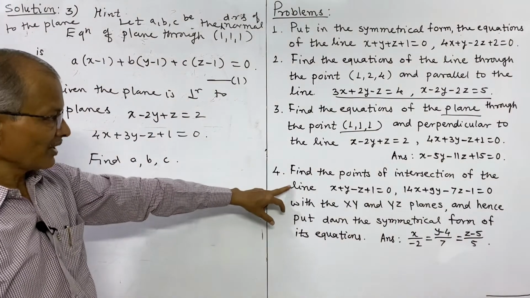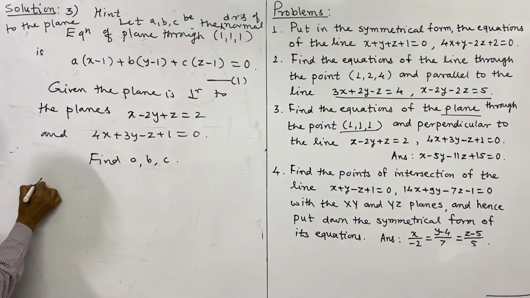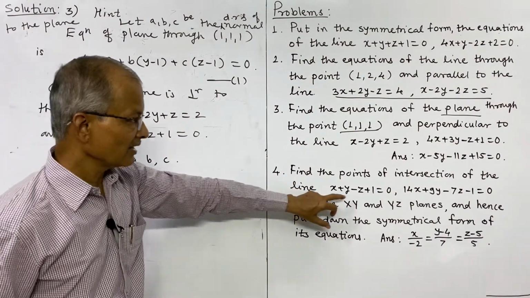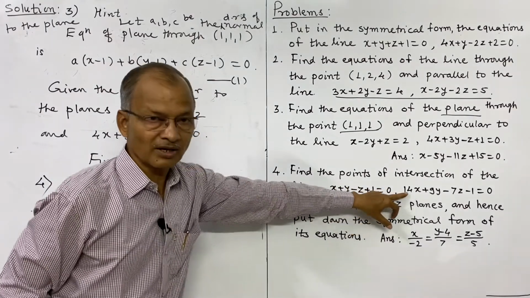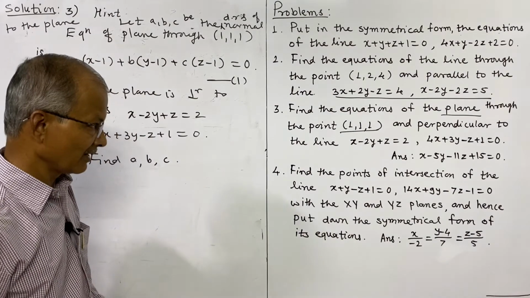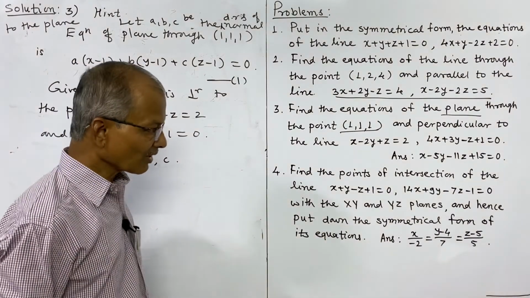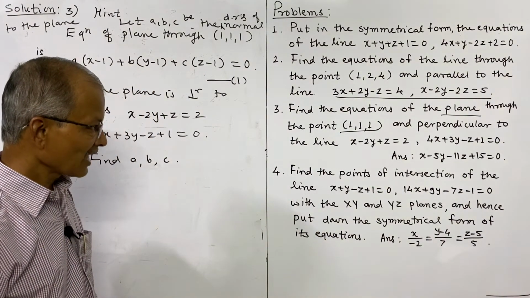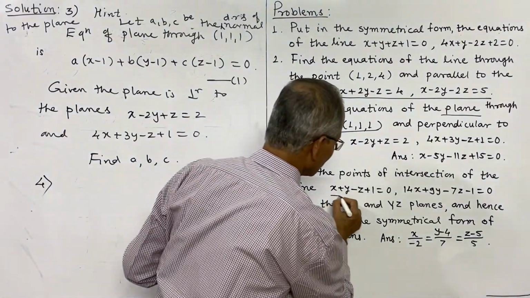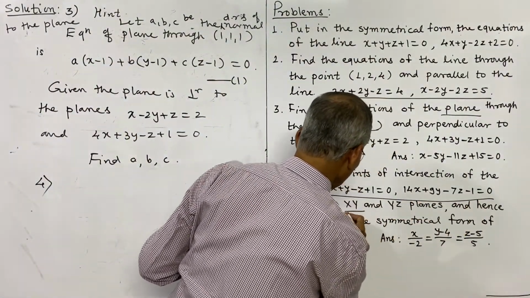Now the fourth problem. Find the point of intersection of this line, in unsymmetrical form, with the xy and yz planes, and then write the equation in symmetrical form. Now here we will obtain the intersection of this line with the xy plane.